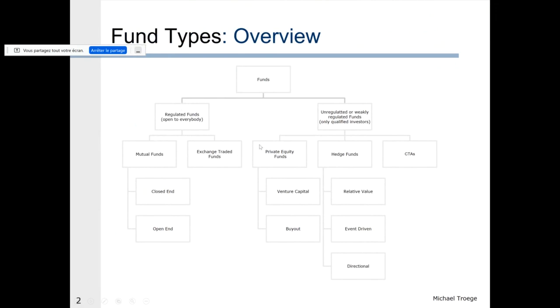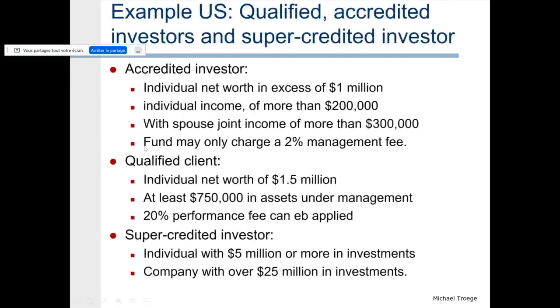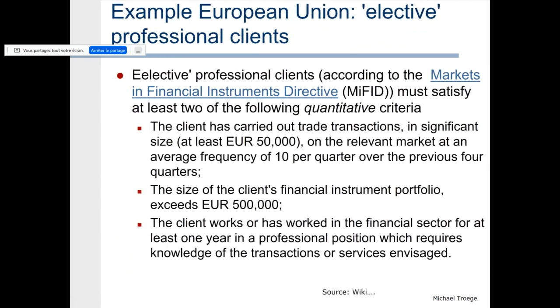That's the US regulation. In Europe, you have a similar regulation where this category is called the alternative investment fund category, and the regulated category is called mutual funds. The people who are allowed to invest in these alternative investments are called elective professional clients.